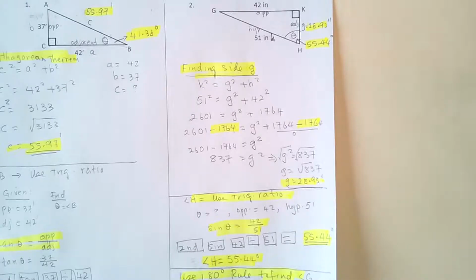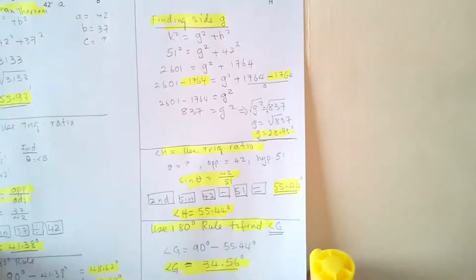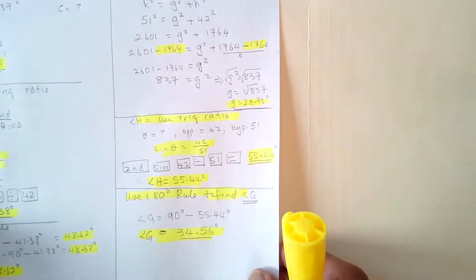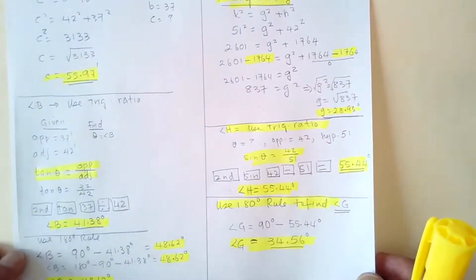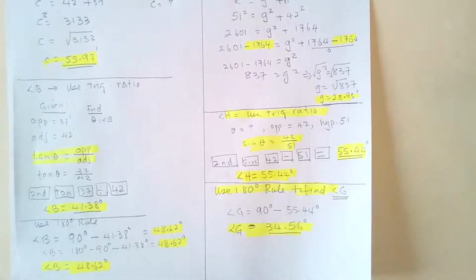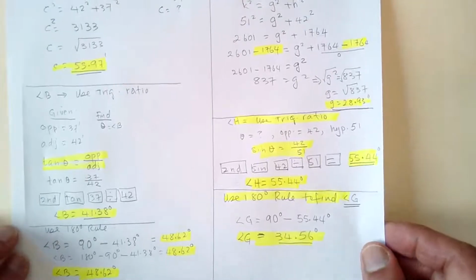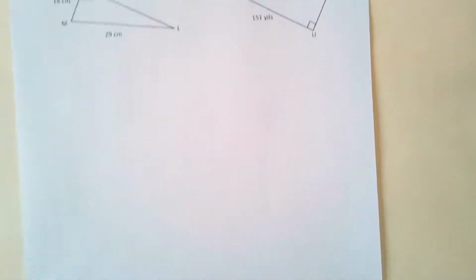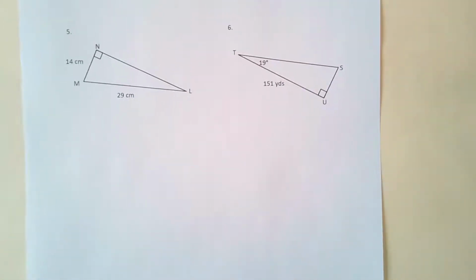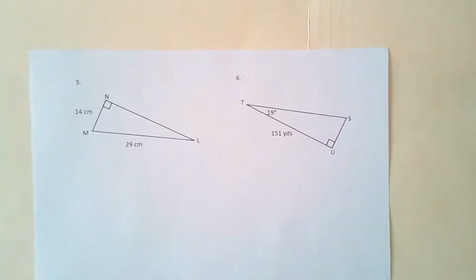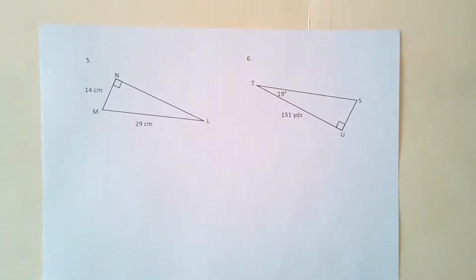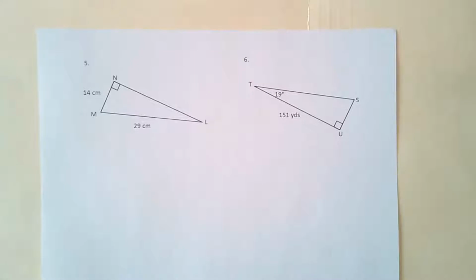And this will be a continuous theme throughout this section of the course, solving a triangle. I'll go through two other examples, 5 and 6. And the other ones, I'll post the full solutions on the blog.